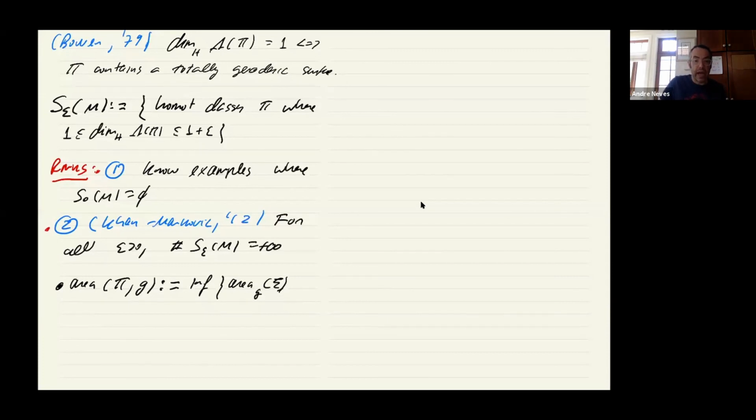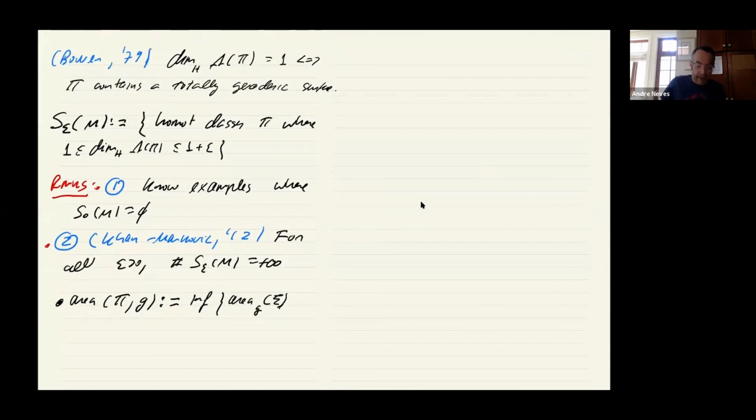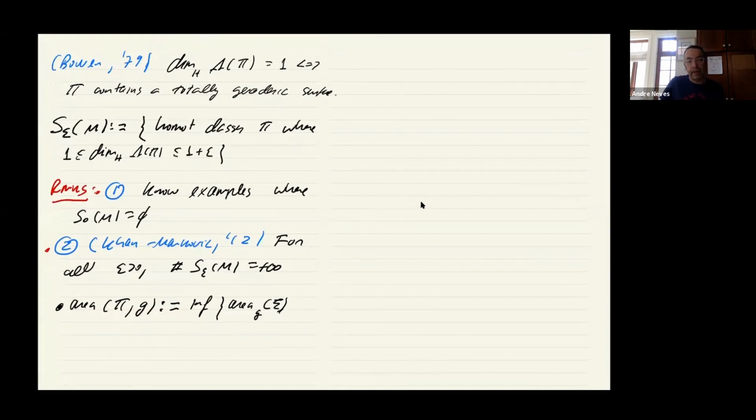So this is a famous result of Kahn-Markovich. In doing this, given a homotopy class, I was defining the area of that homotopy class, which is just the area of the least area minimal surface in that homotopy class. So we just minimize the area of sigma among all sigma in the given homotopy class, and of course this number depends on the metric g.